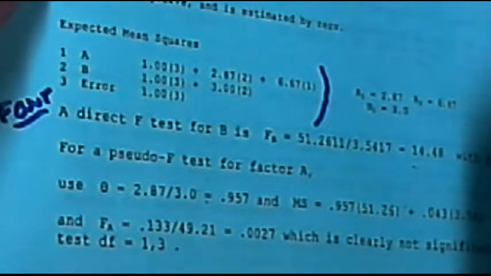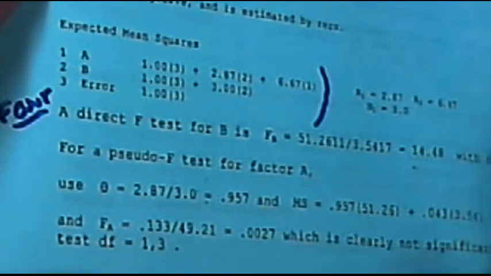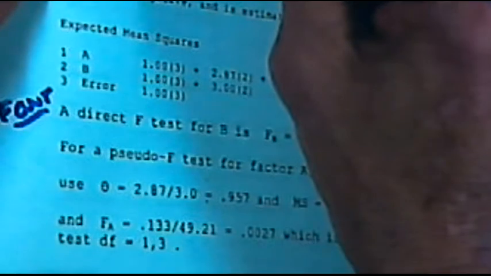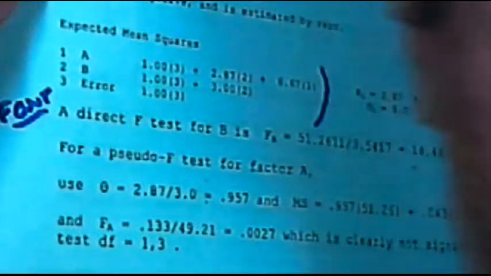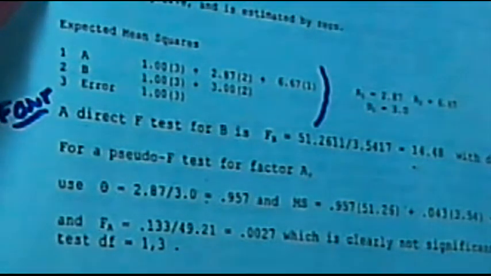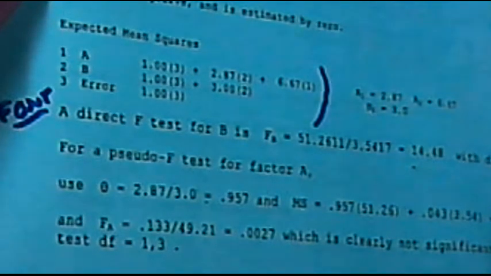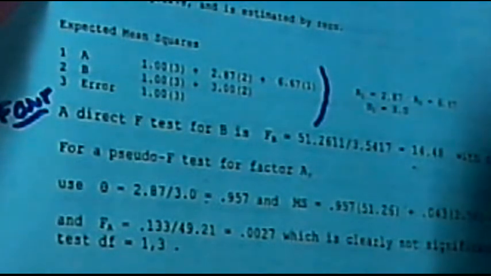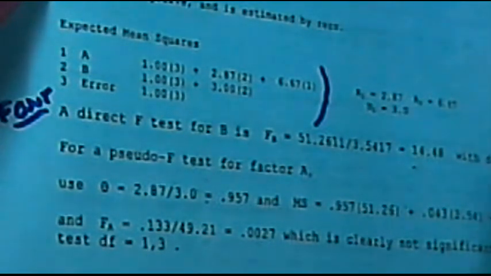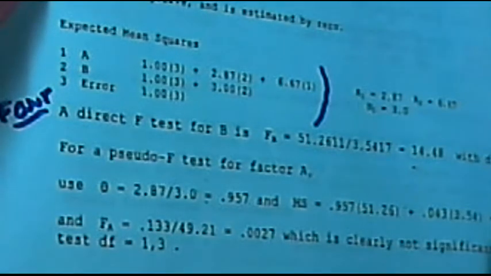A direct F-test for B is possible from the ratio of those two mean squares. 51 something over 3 something is 14 with those degrees of freedom, and it's significant for sure.